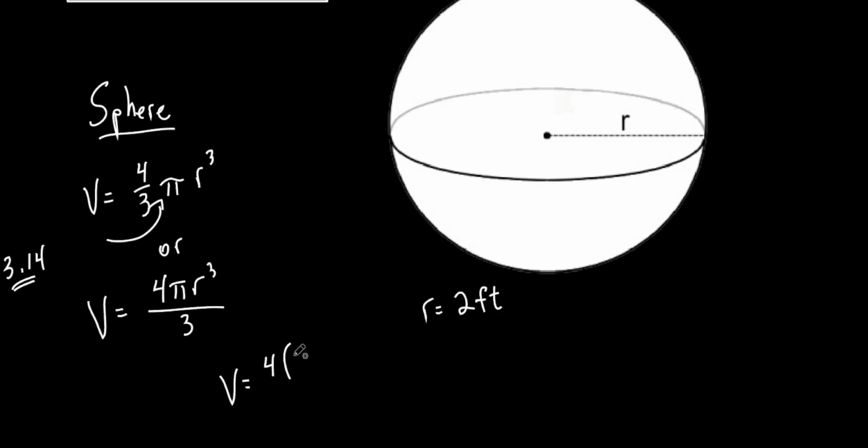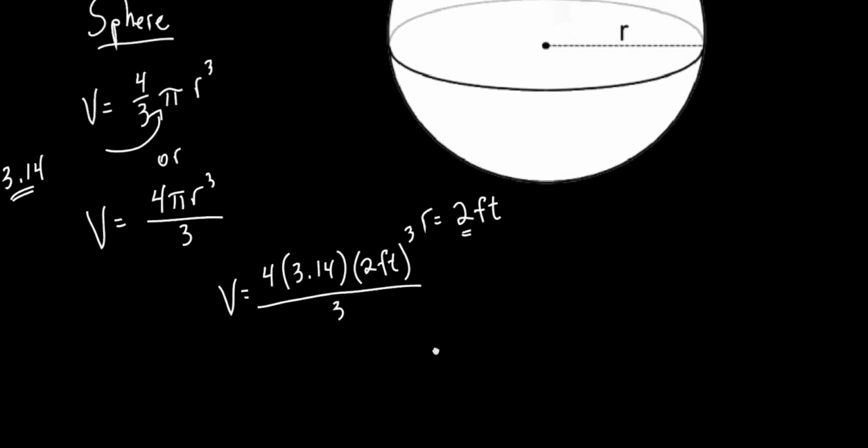What's pi? 3.14, thank you. A little hesitation there. What's the r? 2. It's 2 what? Feet. But what are we doing to that radius? We're cubing it. So we put a cubed here over what? 3.